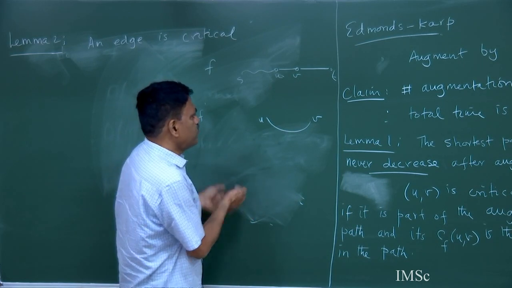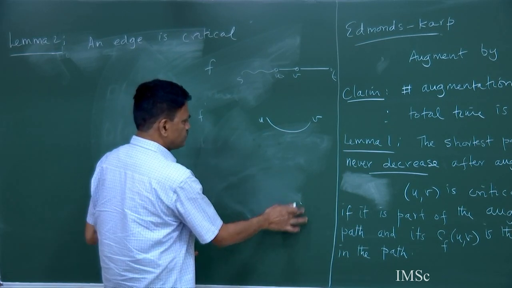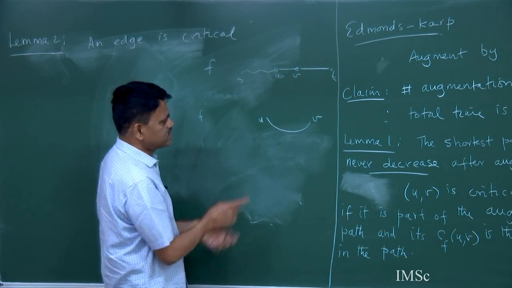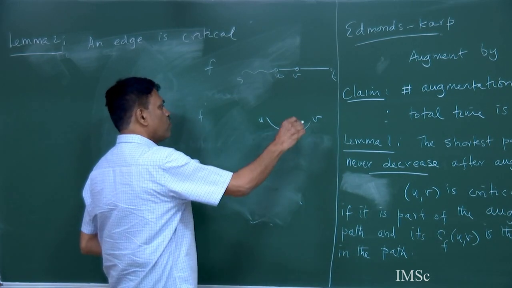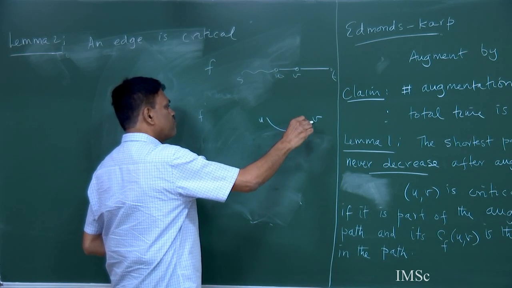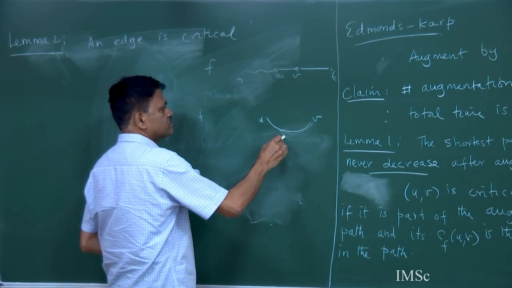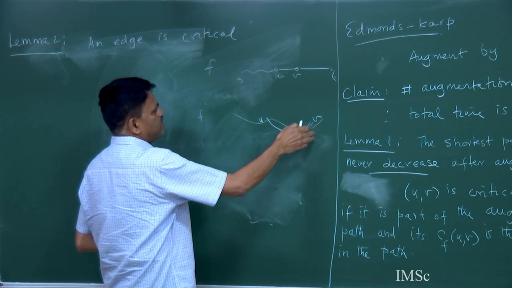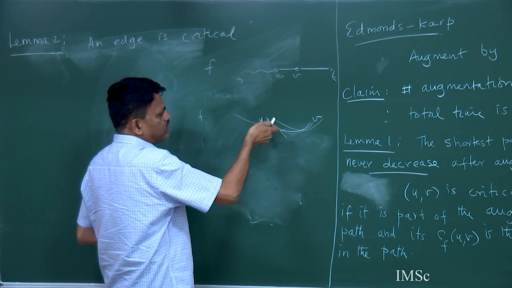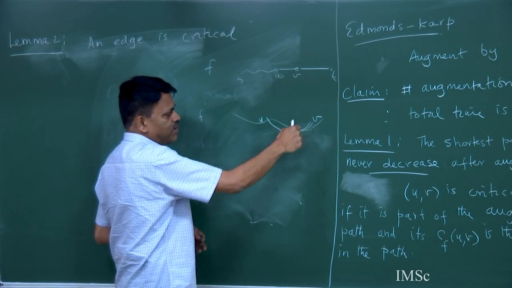But how can it become critical later on? How does it even surface later on, right? So there is some flow sent through this edge, this is part of some augmenting path, which means that you have reversed some flow.